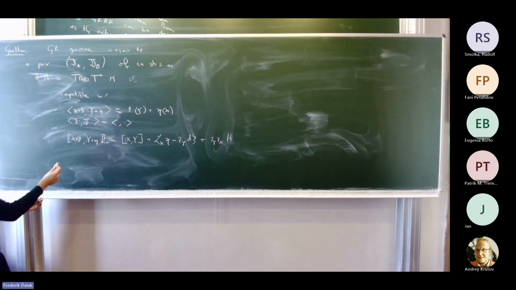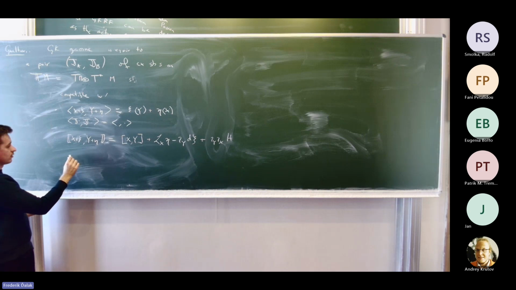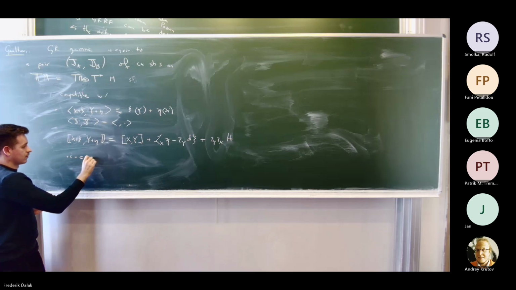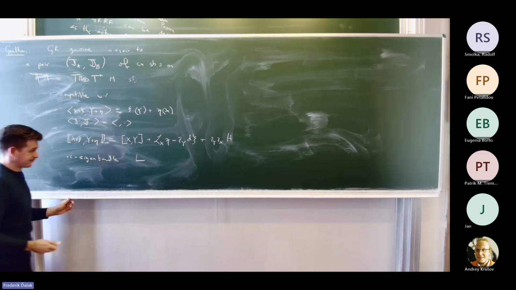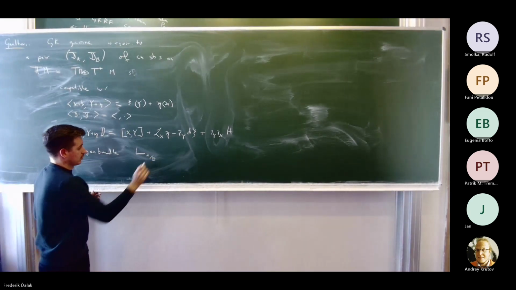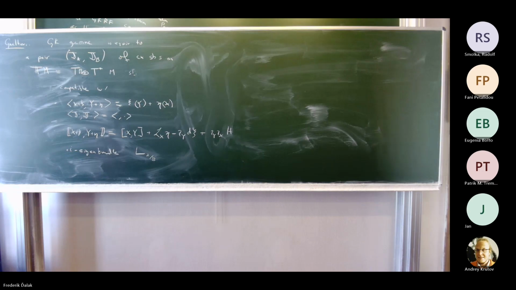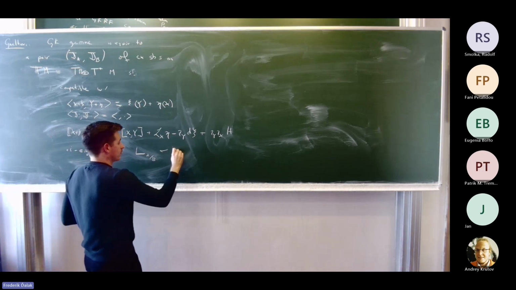And compatibility means that since J squares to -1, it has a plus i eigenbundle L, and I want this to be involutive with respect to this bracket.